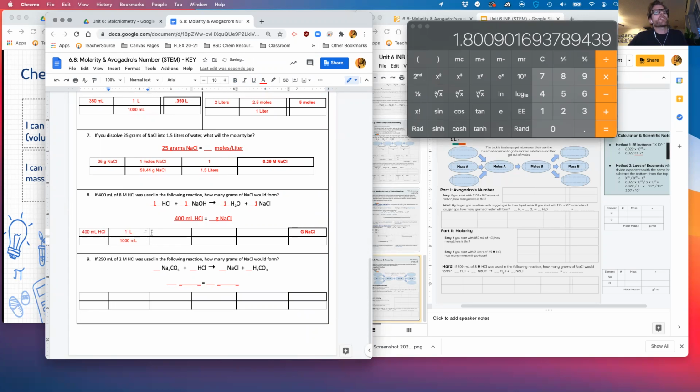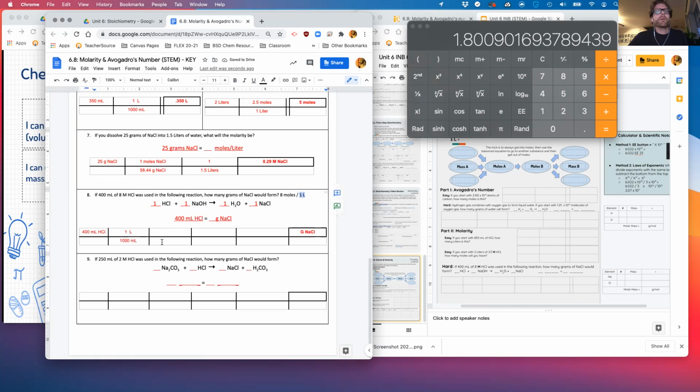Now, the next one is a little bit tricky. We have liters right here, and we want to get it to moles, okay? And we're going to use this part, this 8 molar. So remember, 8M means 8 moles for every 1 liter. It's the concentration.